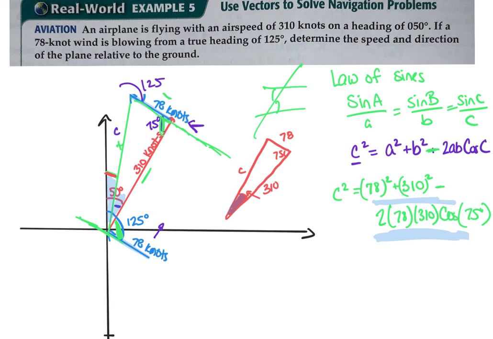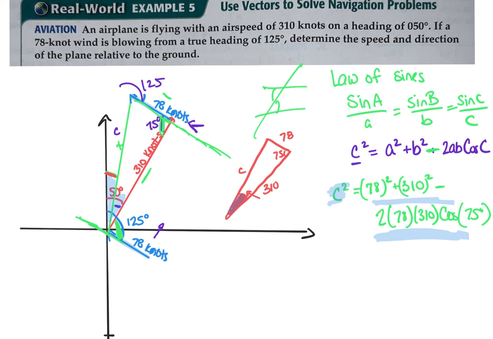We are in degrees, not radians. Double check your calculator that you are in degrees, not radians, okay? All of these word problems are going to be in degrees, okay? Once you do that, we have solved for c squared. Take the square root of your answer. This is a good time to learn how to use the answer button in your calculator.